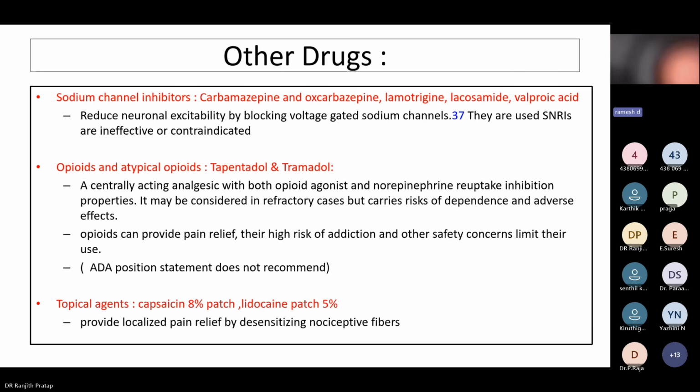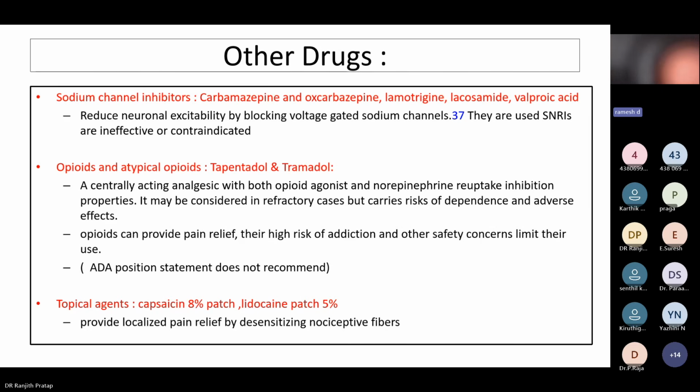They are used especially when the SNRIs are ineffective or contraindicated. Then there are the opioids and atypical opioids like tapentadol and tramadol, which are centrally acting analgesics with both opioid agonist and norepinephrine reuptake inhibition properties. They are considered in refractory cases, but there is more risk than benefit, especially the risks of dependence and adverse events.